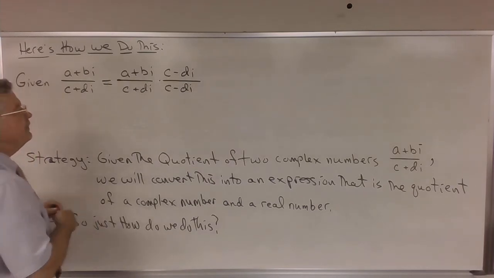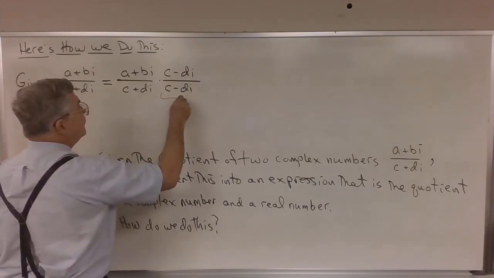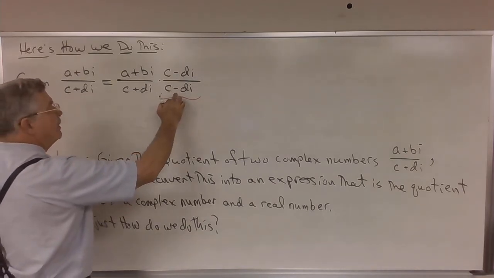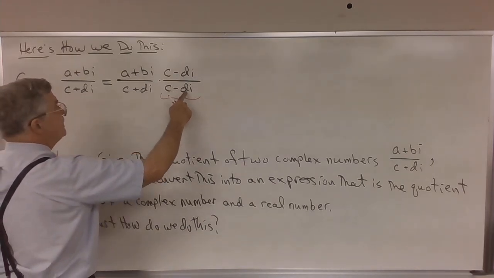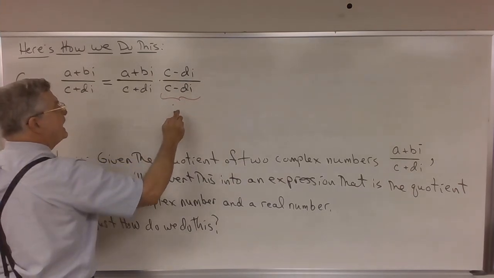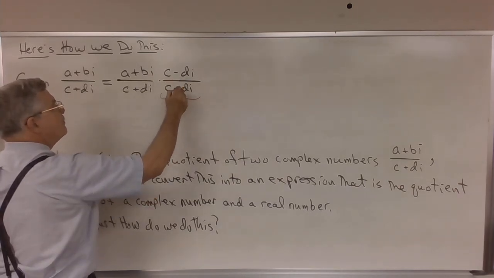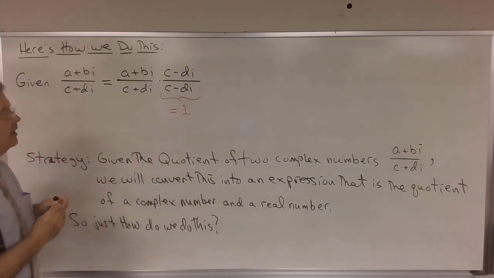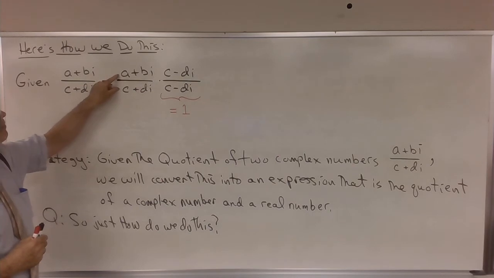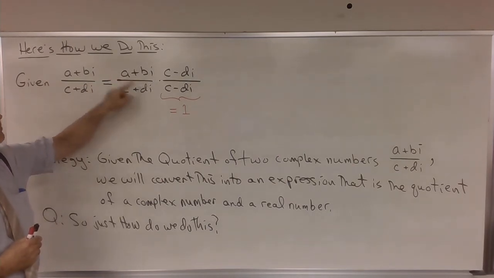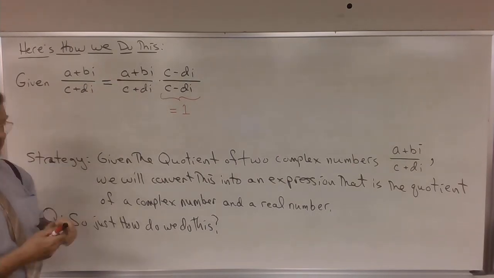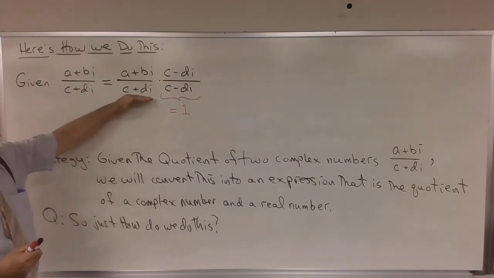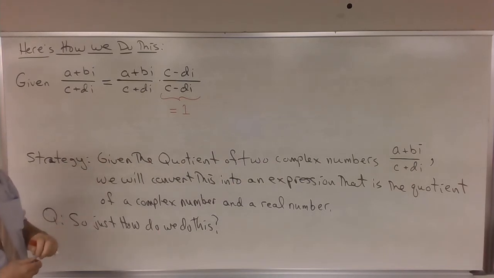And this is perfectly legal. This is not 0, so its conjugate is not 0. So I'm not dividing by 0 here. And any non-zero number divided by itself is just equal to 1. All I'm doing is multiplying the original expression by 1 in a clever disguise, but I'm doing it in such a way that the denominator is going to be a real number.